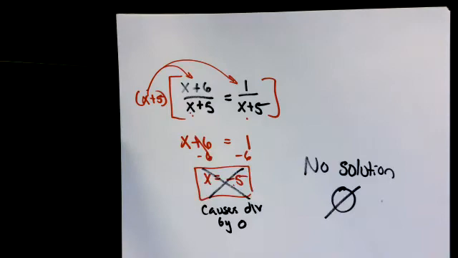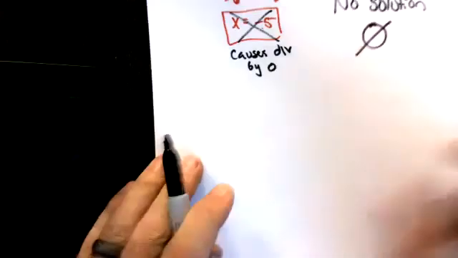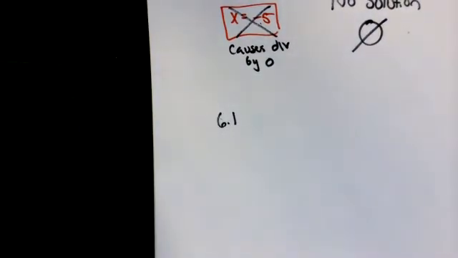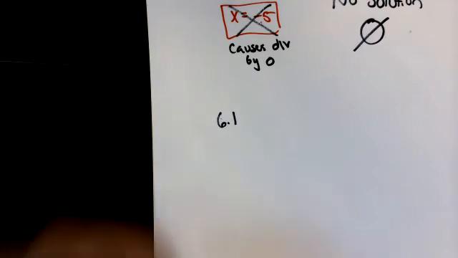All right, as far as the test goes, we are going to test over chapter 6. It was only 4 sections, starting with 6.1. Okay, 6.1 was all about simplifying expressions.